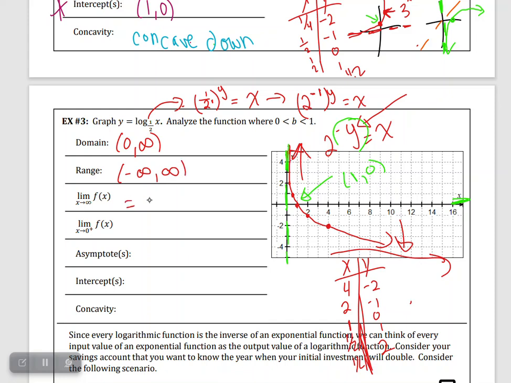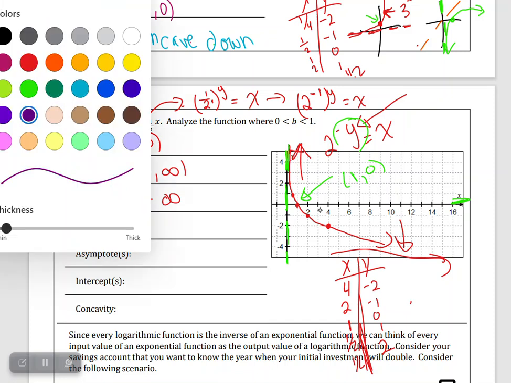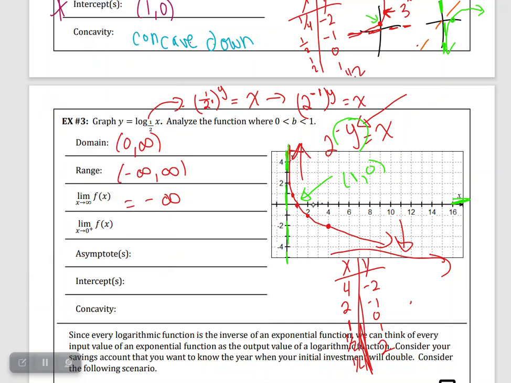Well, those y values are going down towards negative infinity. Look what's happening now to these y values as it's approaching 0 from the right side. What's happening to the y values? They're going up. So it's going to be infinity. Our asymptote is a vertical line, x equals 0.